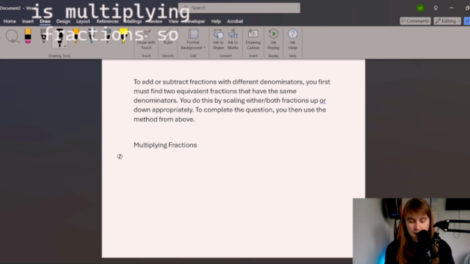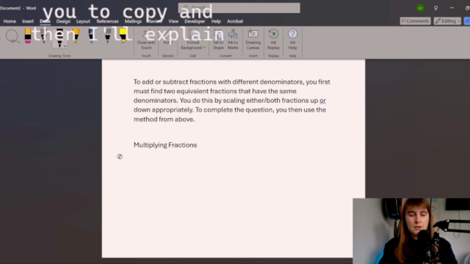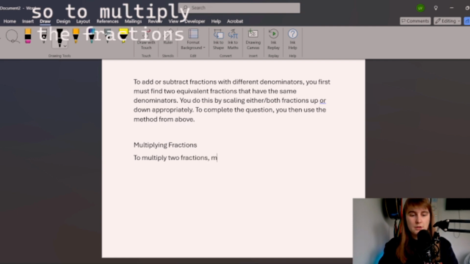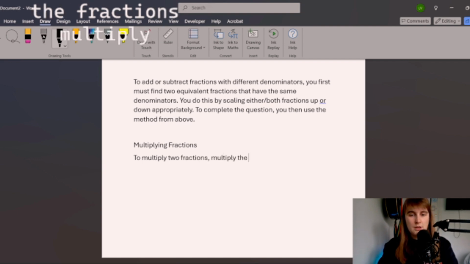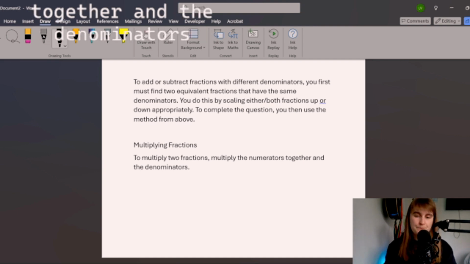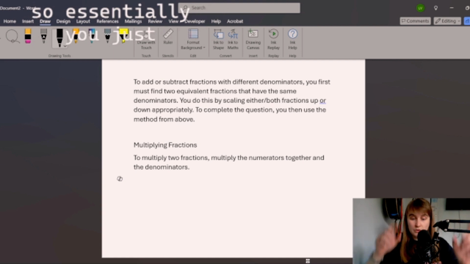So I'll write a little explanation for you to copy and then I'll explain it a bit further. So to multiply two fractions, multiply the numerators together and the denominators. Okay, so essentially you're just multiplying across.